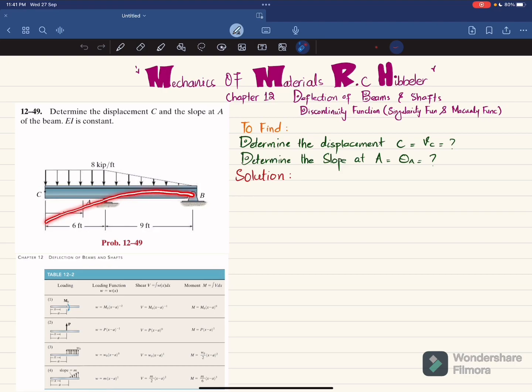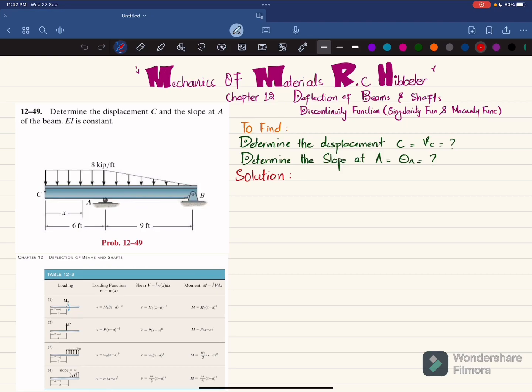Clear? So we have to find the displacement at point C, which is VC, and the slope, which is the tangent slope theta A, which is equal to tangent of this line. So let's start with the solution.